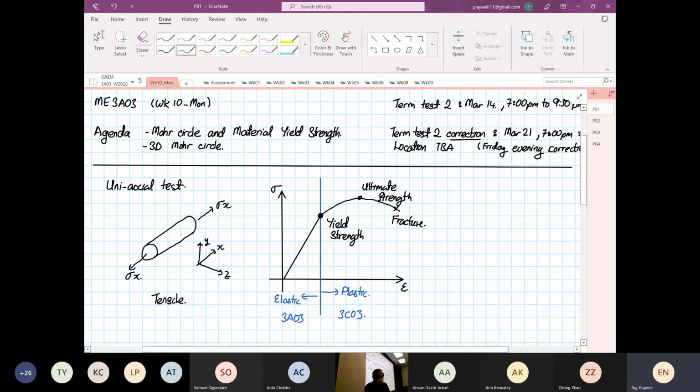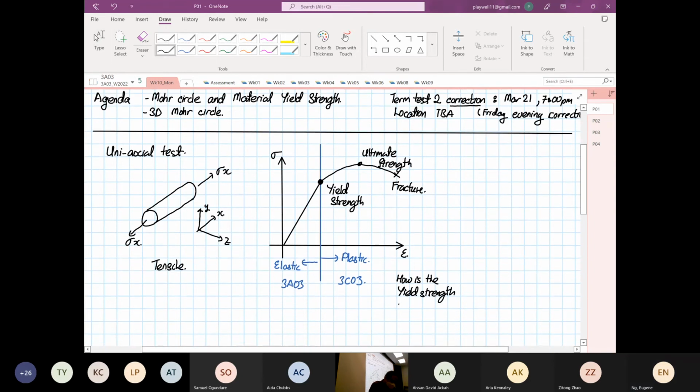As you all know by now. So how is the yield strength related to Mohr's circle?